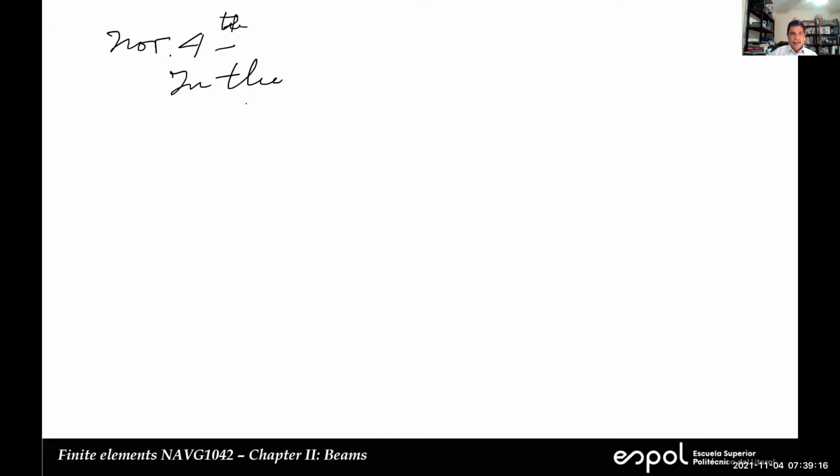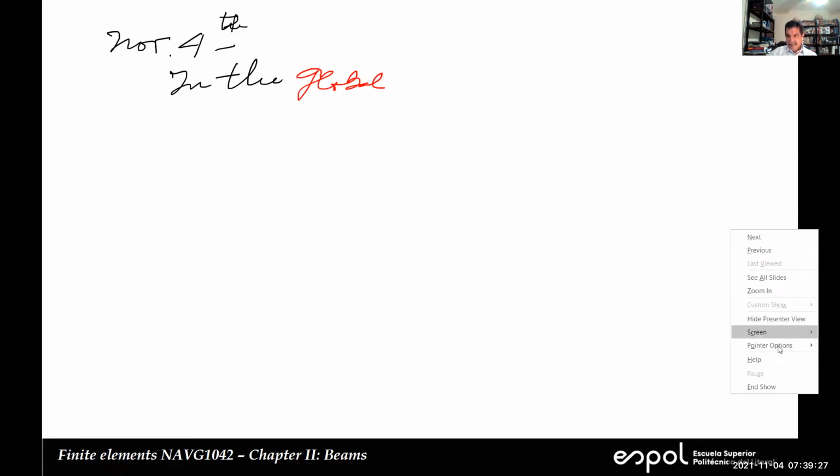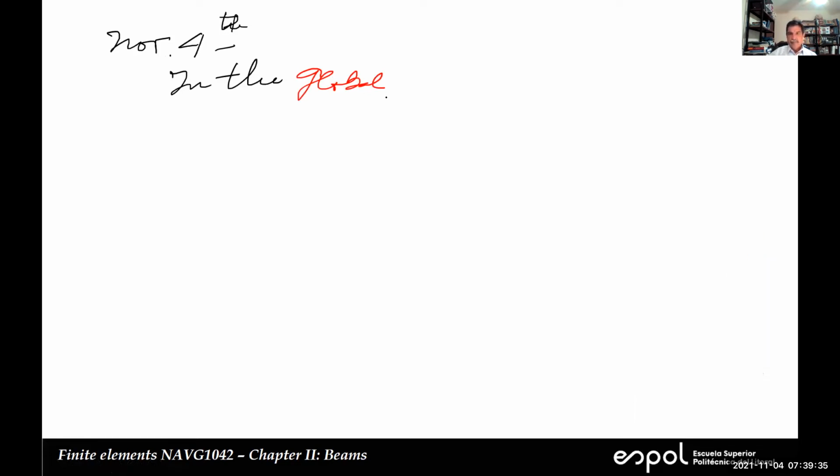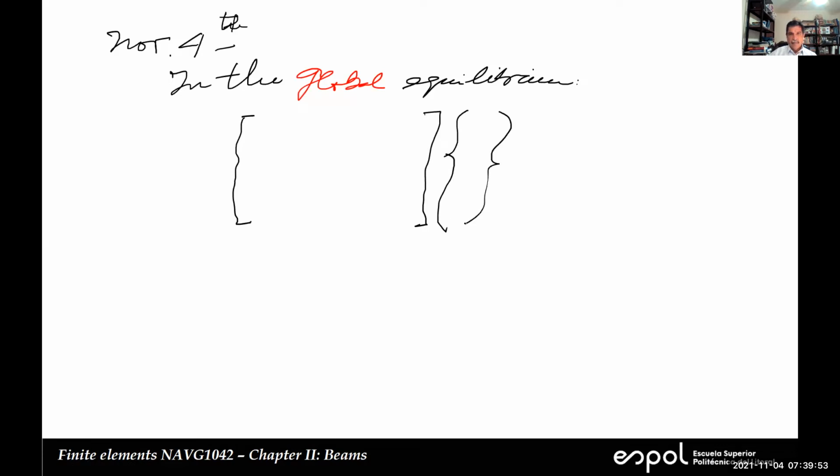Okay. What we're saying is that in the global equilibrium, we have something like this, a very large matrix. And then we have the displacements.